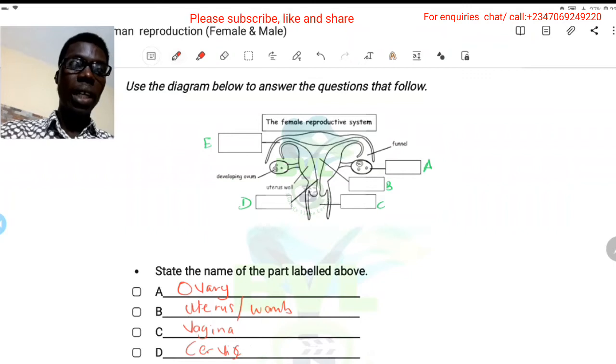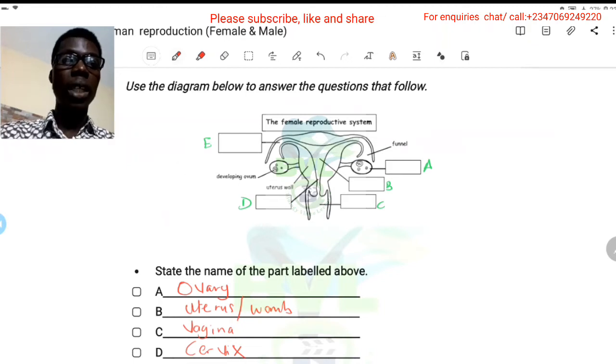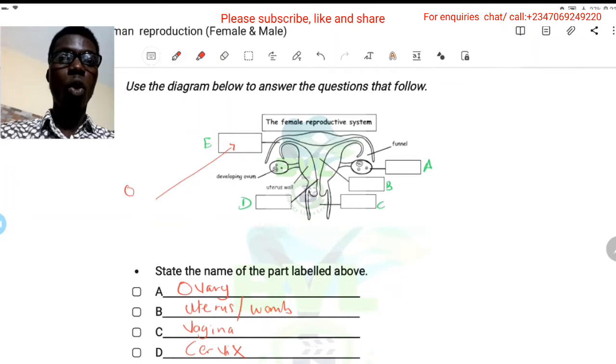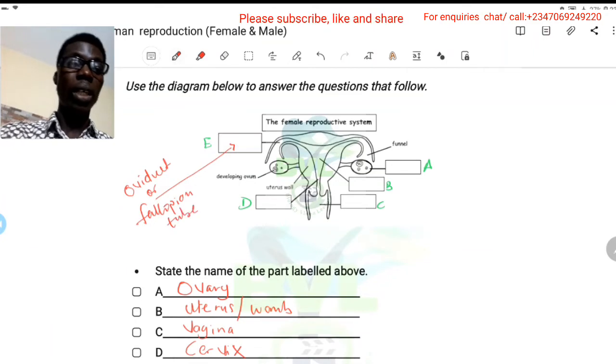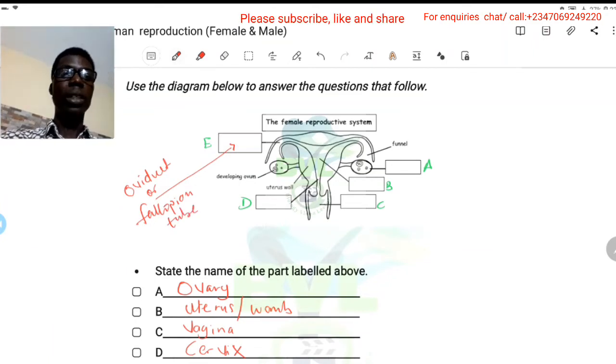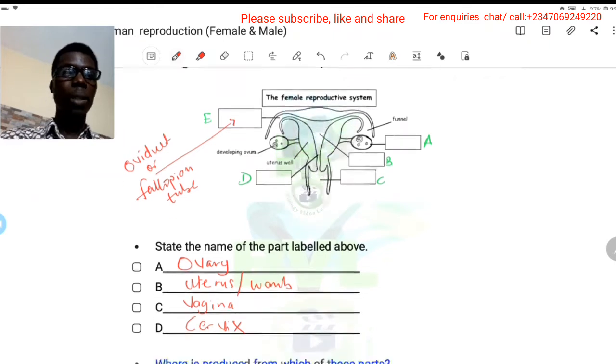All right. Now the E wasn't mentioned in this question, but let me say it here. E is the oviduct, otherwise called fallopian tube, basically. All right, so this explains these different parts.